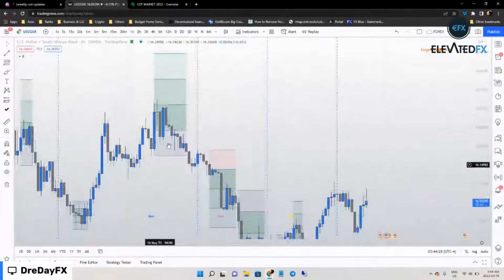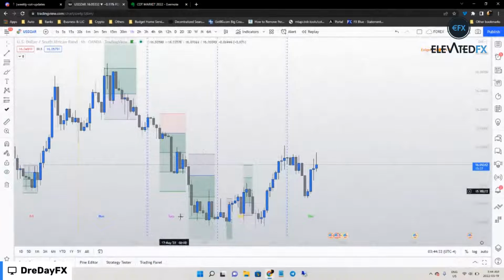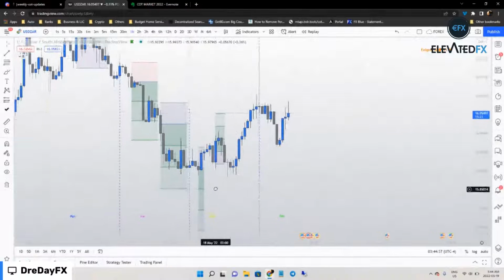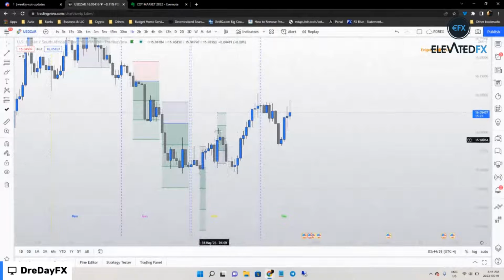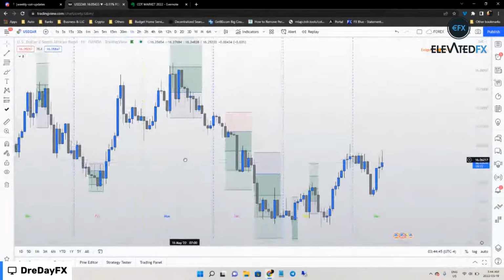Okay, so TP1 hit, so that's TP3, that's TP2, that's stop loss, that's TP1. Okay, so overall you had one setup that lost, and the rest hit at least TP1.